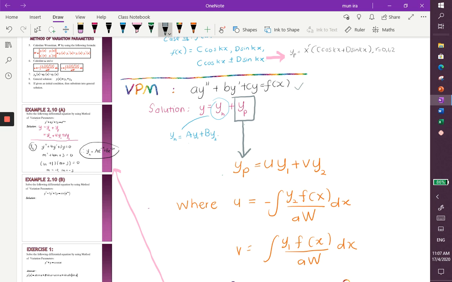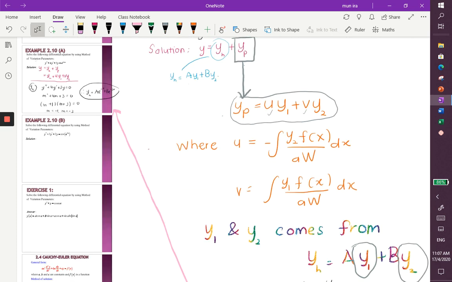What is yP in VPM? yP in VPM is given by u y1 + v y2. What are u and v? They come from the formulas: u = negative integral of y2 f(x) over aW, integrated with respect to x, and v = integral of y1 f(x) over aW dx.